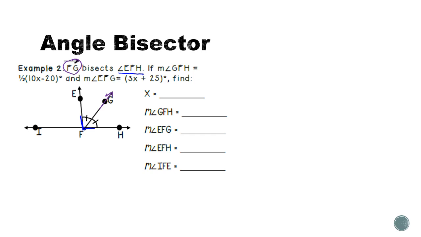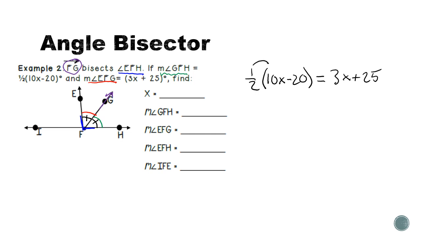First of all, we know that those two are congruent. GFH has to equal EFG. So let's set them equal to each other to solve for x. I've got 1/2 times (10x minus 20) has to equal 3x plus 25.